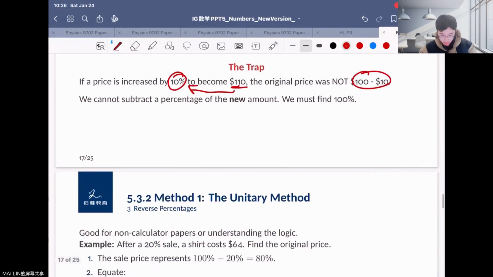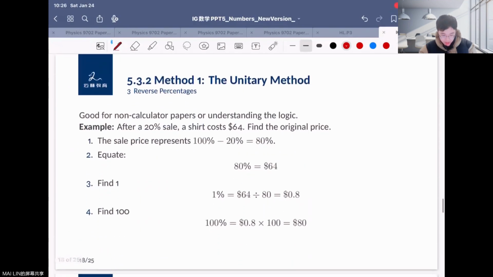Let's move into an example. After a 20% sale, a shirt costs $64. Find the original price. Before that, it is a 100% price. After a 20% discount, the price becomes 80%.